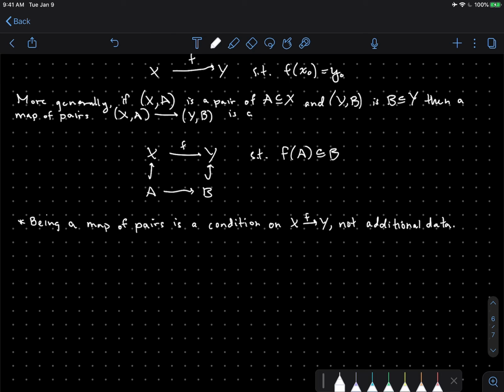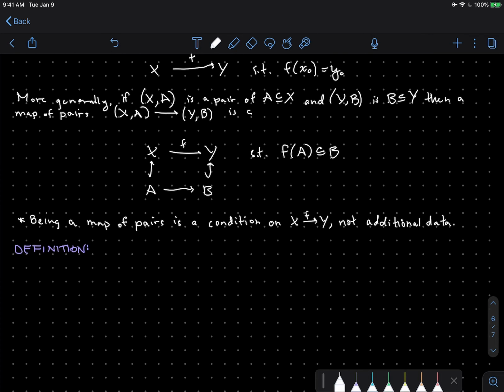Meaning there's no additional data required to specify that a map preserves a certain subspace. All right. Here are two more definitions. Let's take two pointed topological spaces.